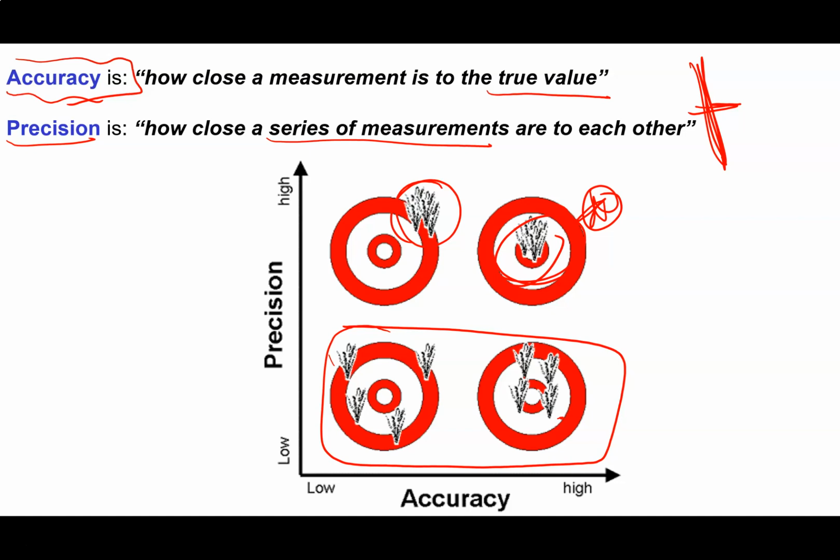You need to make a numerical comparison of how close your measurement or series of measurements is to the true value, or alternatively how close the values within a series of measurements are to each other. We're expecting, when we ask questions about accuracy and precision, that you refer back to these definitions and talk about it in the context of these definitions.